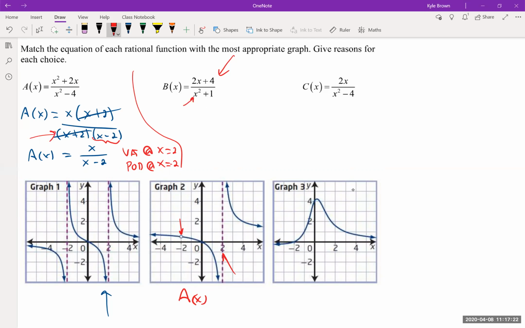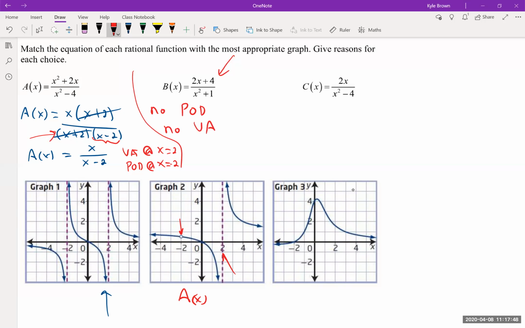Because if I put in, let's say, -1, that'd be -1 squared, that'd be +1. So that'd be 1 plus 1. Now the bottom's 2. So there is no point in this where I'm ever going to be dividing by 0. So there is no POD, and there's no vertical asymptote.